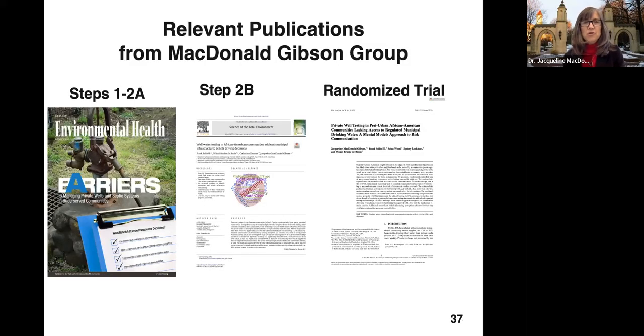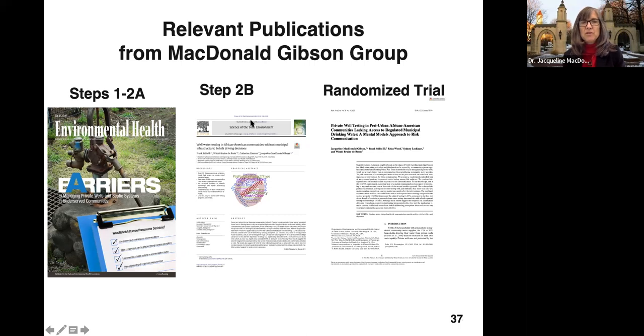If people are more interested, we actually have 3 articles from the group about this work. This article in the Journal of Environmental Health a couple years ago talked about these semi-structured interviews that we did and what the results were, and it was the cover article.